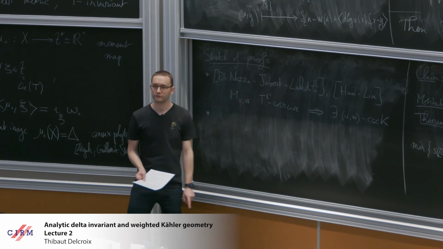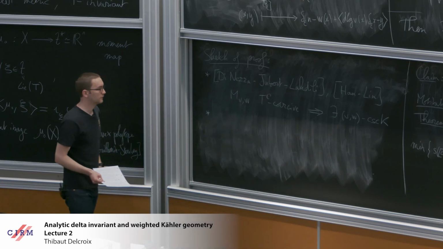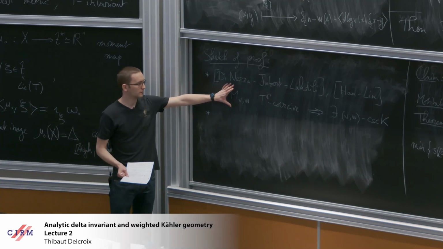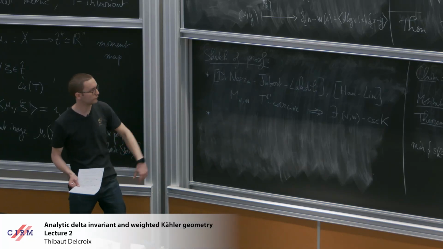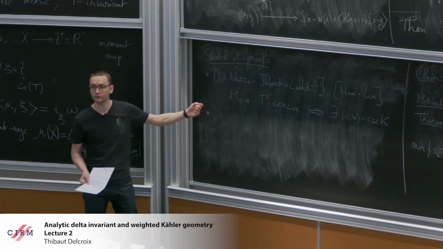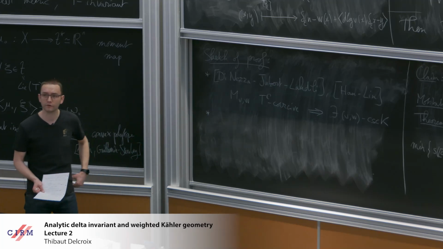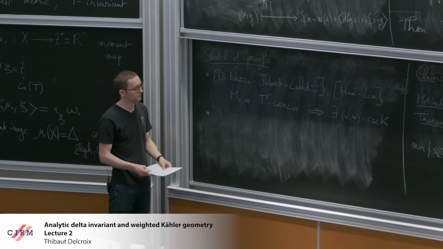The notion of weighted CSCK metrics is due to Ladili. Both works rely on previous works of Ladili on the weighted Mabuchi functional, for example showing that it is convex along weak geodesics and this sort of thing.